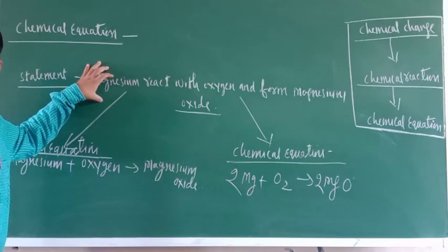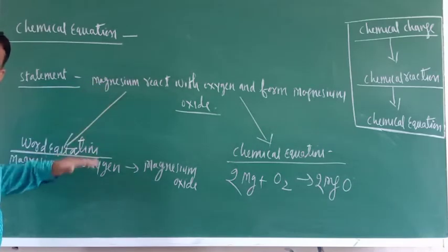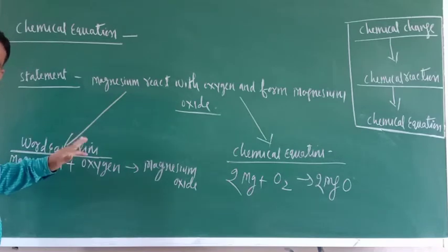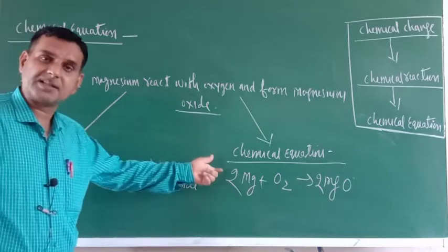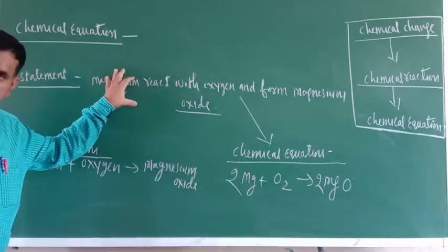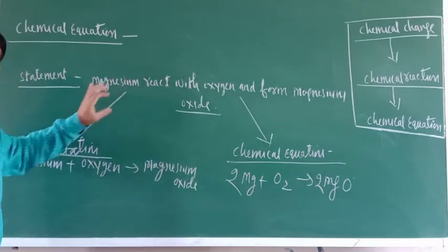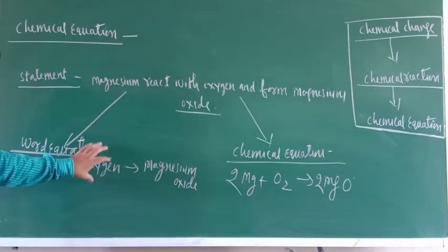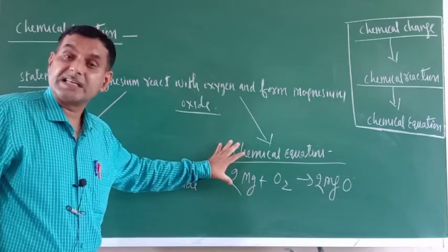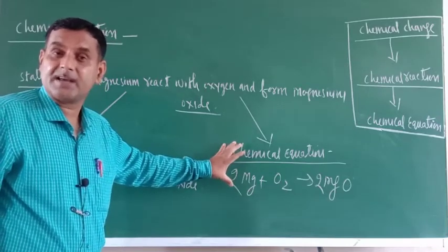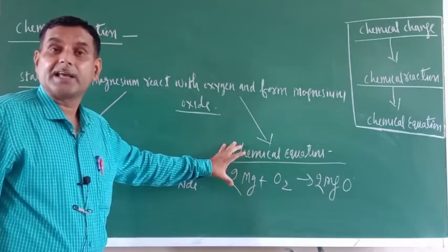It is difficult to remember for a long period of time. The short form of this one is this. With the help of words only I wrote here, but this is easier than the statement, and this is even easier, the simplest way to represent the chemical reaction.